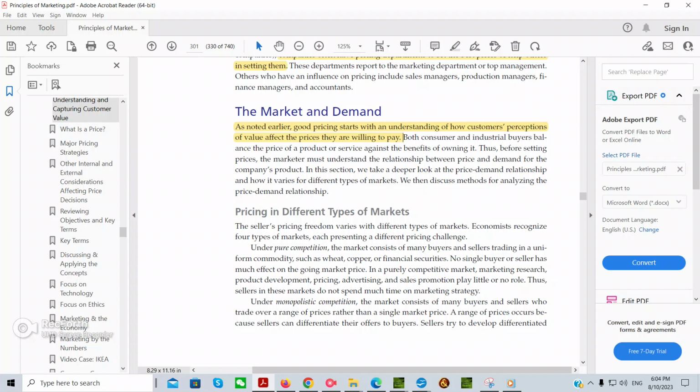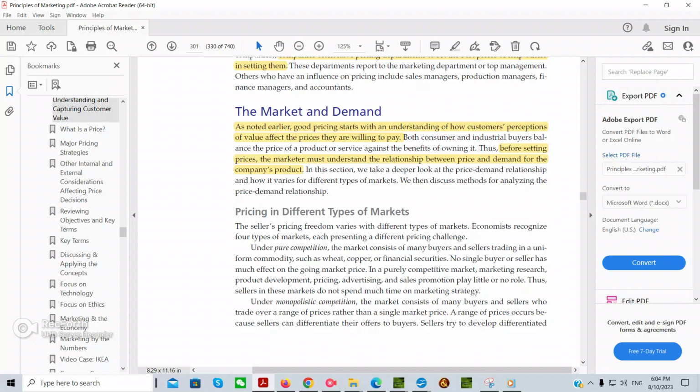Thus, before setting prices, the marketer must understand the relationship between price and demand for the company's products. Let me say that one more time. Before you set a price for something, the marketer must understand the relationship between price and demand for the company's product.